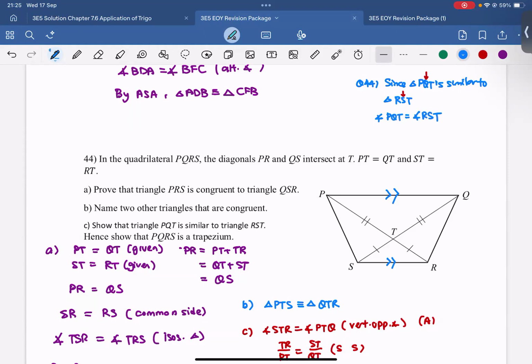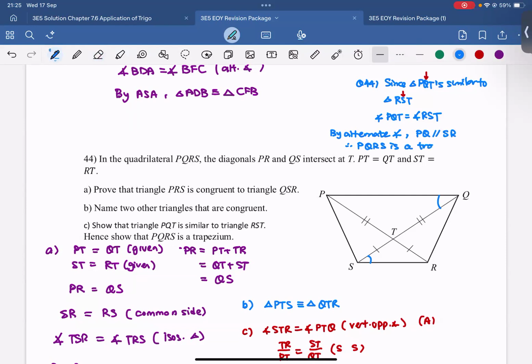These two angles are the same because the triangles are similar, not because they are parallel. Now because these two angles are the same, by alternate angles, PQ is parallel to SR. Therefore, PQRS is a trapezium. Okay?